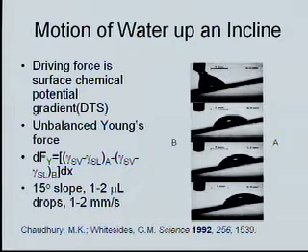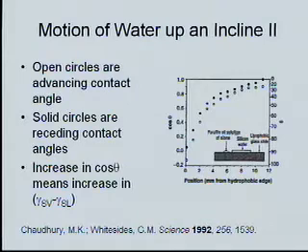For this one, as you've already seen, there's a 15-degree slope, and a couple microliters went up at about a millimeter per second. And here's a diagram of the receding versus advancing contact angles. Increasing cosine theta means an increase in the delta gamma, of course, from Young's equation. That's all I'm showing here.